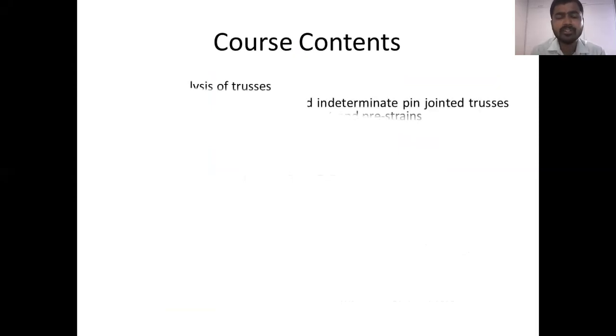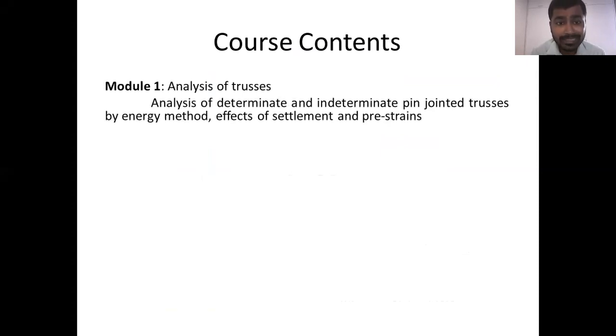Now, our first module is the analysis of trusses. But previously, in structural mechanics 1, we dealt with determinate and indeterminate structures. There we learned how to know whether a structure is determinate or indeterminate.